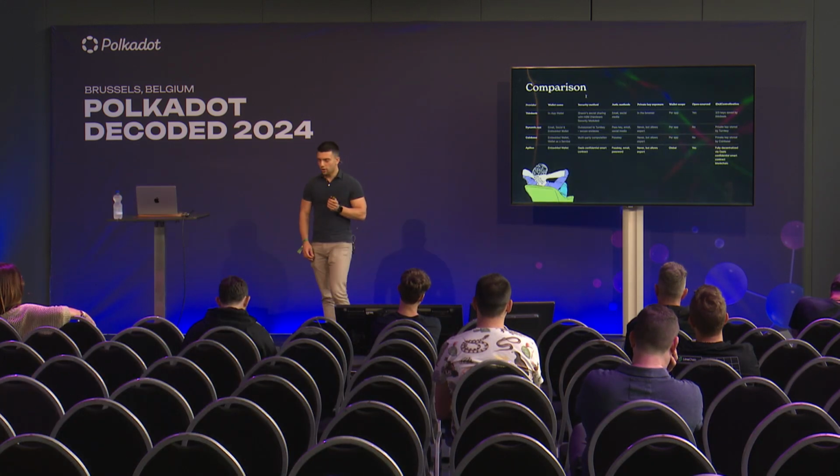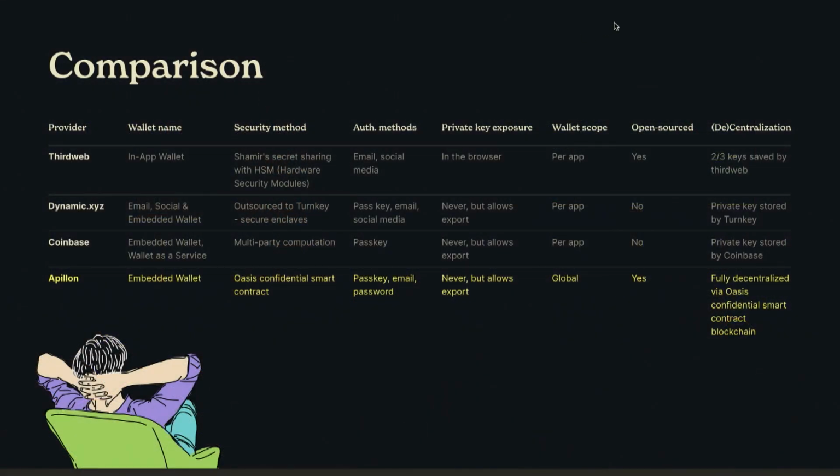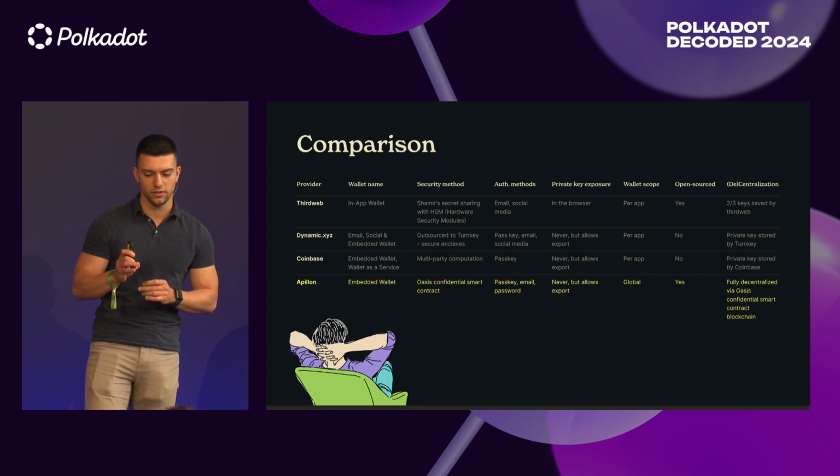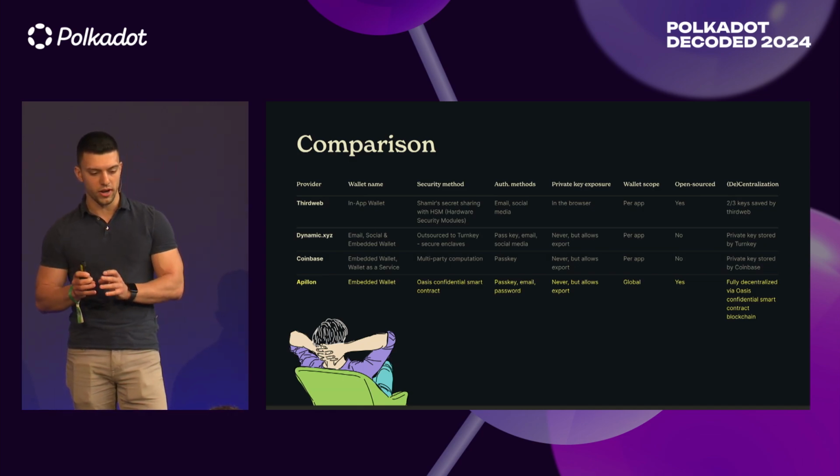Okay, so let's do a quick comparison between our solution and some other reputable providers of similar solutions, which are ThirdWeb, Coinbase, and Dynamic.xyz. They have different names like in-app wallet, social wallet, or smart wallet. We call it embedded wallet. The main difference and the main point of our solution is that it's completely decentralized because it gets stored on a confidential smart contract.